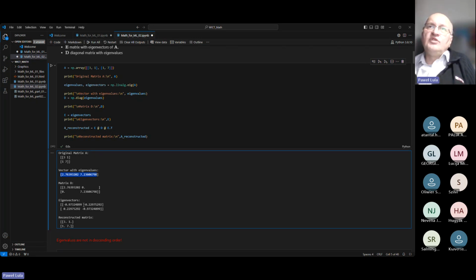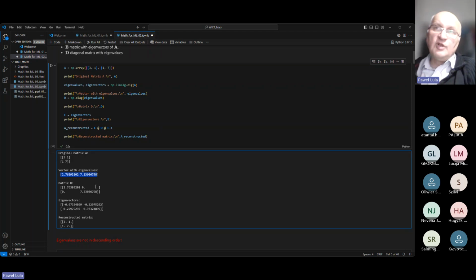So I want to have the biggest value here on the first position. The second value should be smaller than the first. The third should be smaller than the second, and so on. So I would prefer to have eigenvalues in descending order.